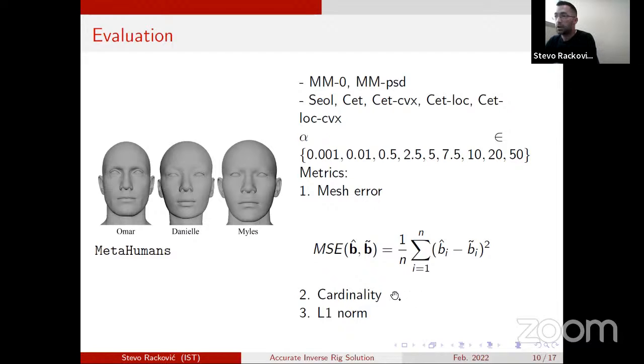Another important thing is cardinality, because we want a sparse solution. But we also look at the L1 norm, because it can show us that even if cardinality is higher, maybe some of the values are very close to 0, and we can probably just exclude them later.